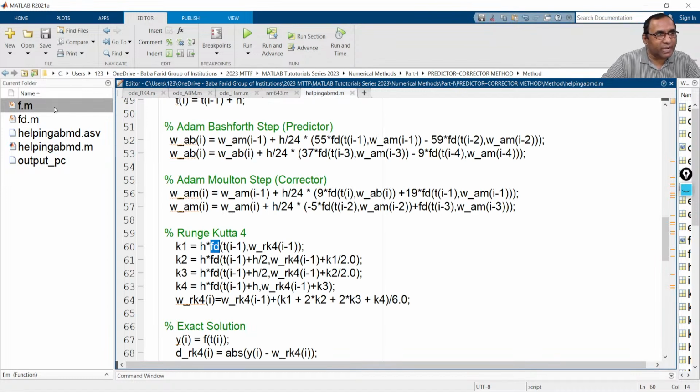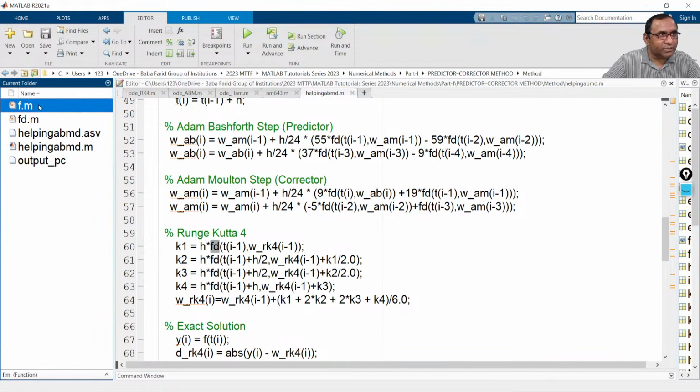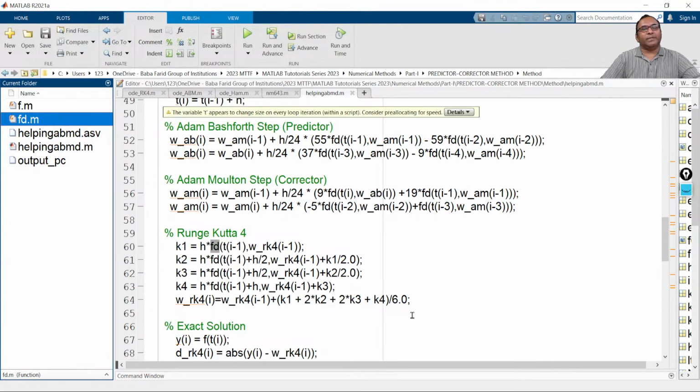But the script file in which you create the functions, these must be there. Or if you don't want to create them, you can write these functions in the same program, but this will create some difficulty for you. If we create the function in a script file separately, as a user-friendly function, then this will make it easy to use anywhere. Okay.